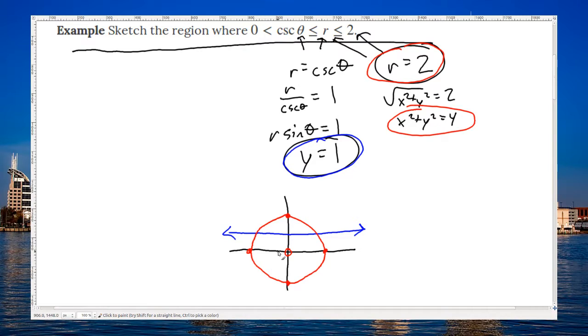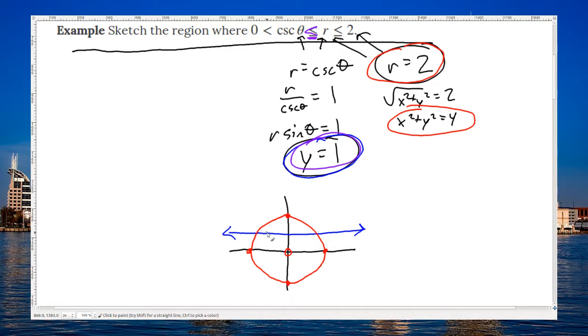Alright, and I need to think of what region I am talking about here, because it's not clear what's on the inside and what's on the outside. But that's where the fact that we have to deal with a positive radius r comes in. That means that we're bigger than the cosecant, and that's where this one came from.